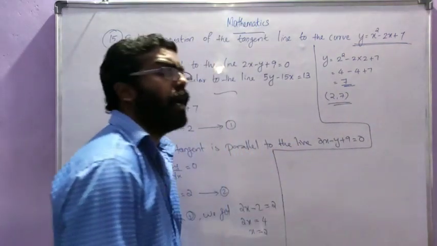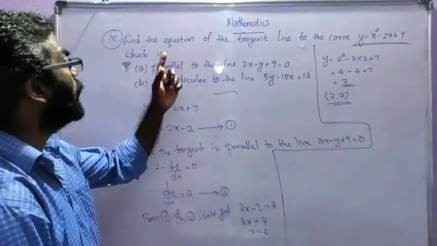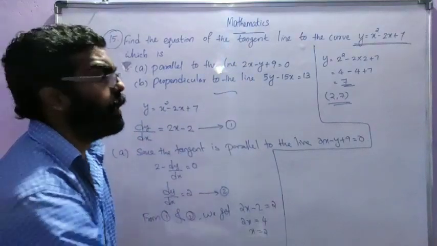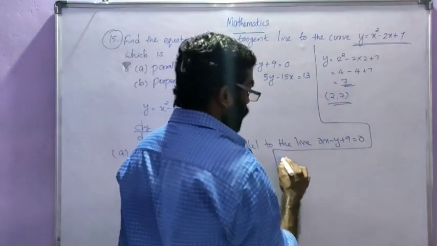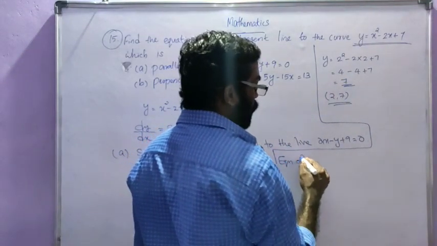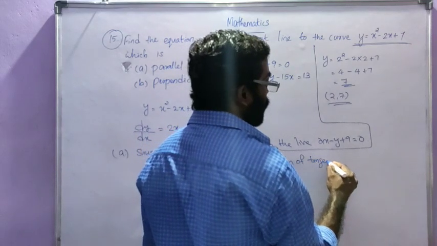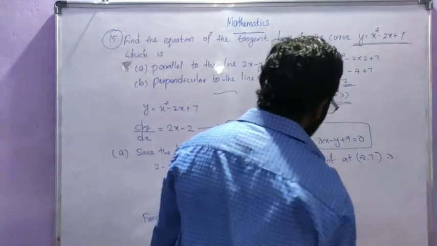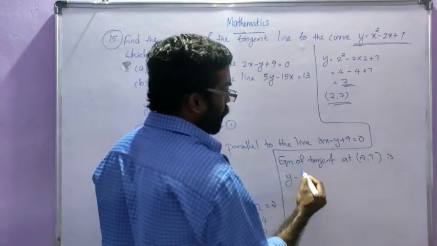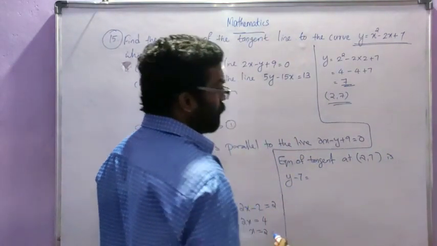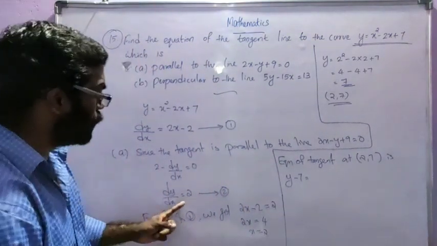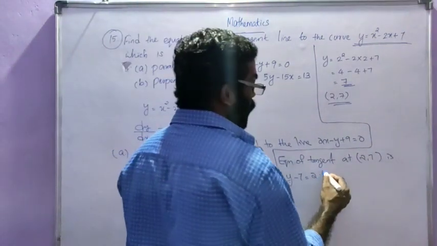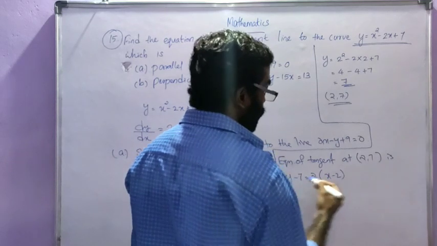Okay. Now we have to find the corresponding equation of the tangent at the point 2, 7. So the equation of tangent at 2, 7 is y minus y0. Y minus 7 is equal to f dash of x0. Here the slope is 2. So 2 into x minus x0, x minus 2.